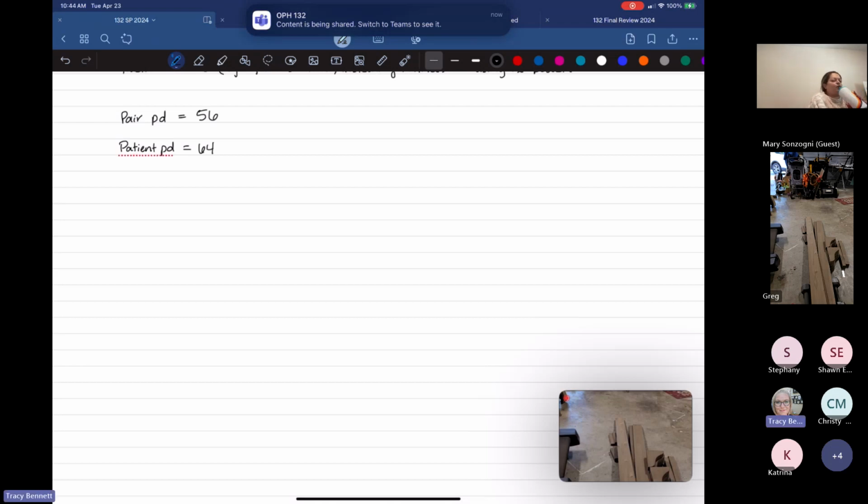All right, you can subtract these two to come up with 8 millimeters of error total, or divide that by 2 to come up with 4 millimeters per eye of error. Okay, so that's our little d in Prentice rule. All right. Let me see, where was I trying to show y'all?